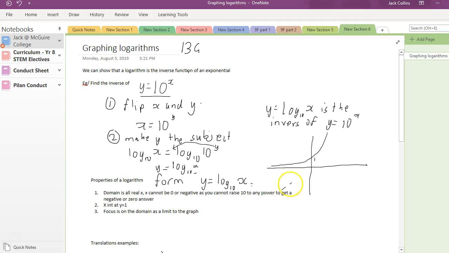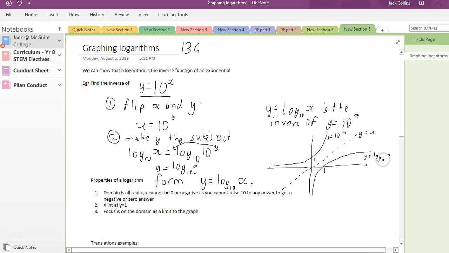That's going to cut across a mirror image across this 45-degree angle, y equals x. This is y equals 10 to the x. Going to have a mirror image for, roughly mirror image anyway, y equals log base 10 of x. Okay, so inverses always reflect about this 45-degree axis.